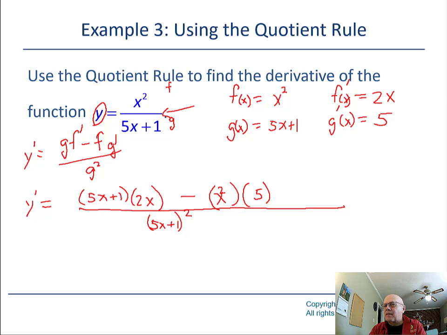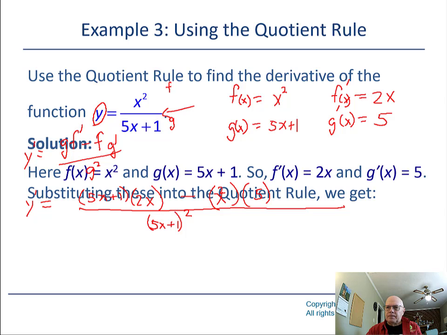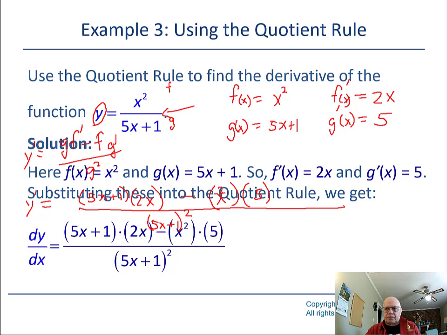All that's left is a bit of algebra, clean up, so here we go. dy dx should be the same as what I wrote down earlier. Here's the, oops, where am I? Here.